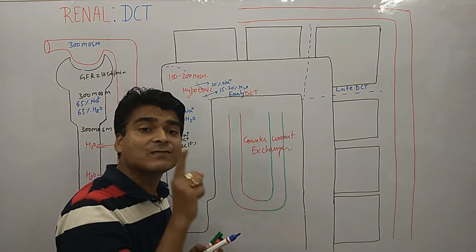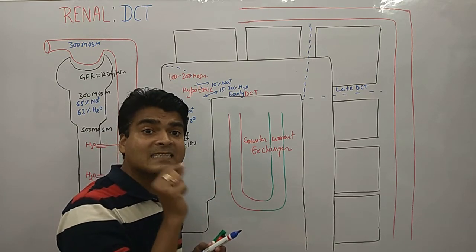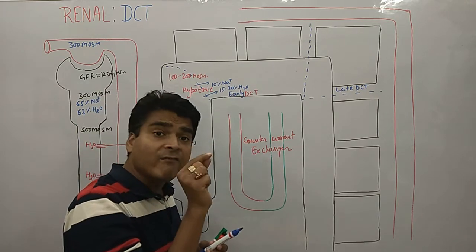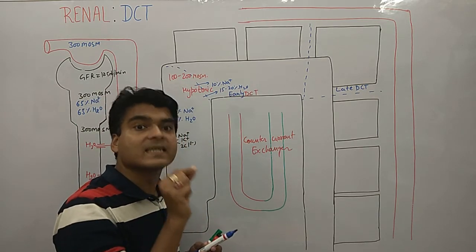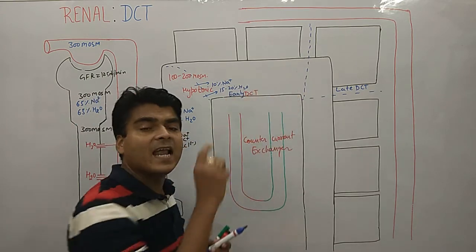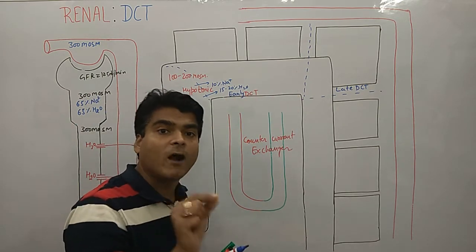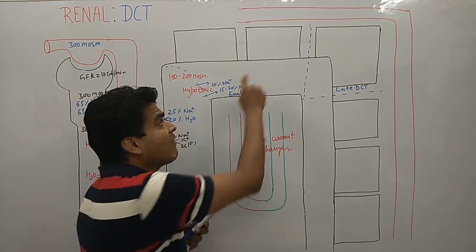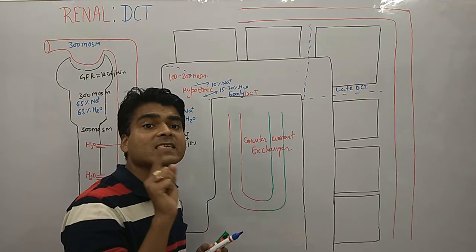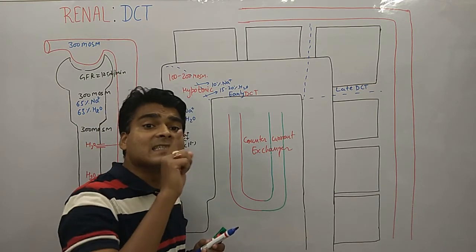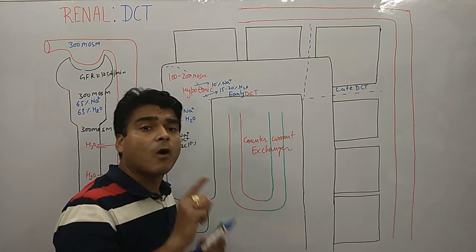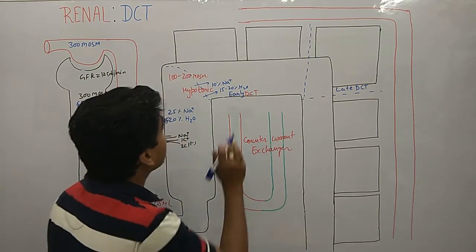But there is one important point: it is not strictly impermeable. If hormones are present, then the walls allow absorption of water. I repeat, if hormones are present, then the walls allow absorption of water. This is an important star point, and this question is asked in many competitive examinations. Clear?